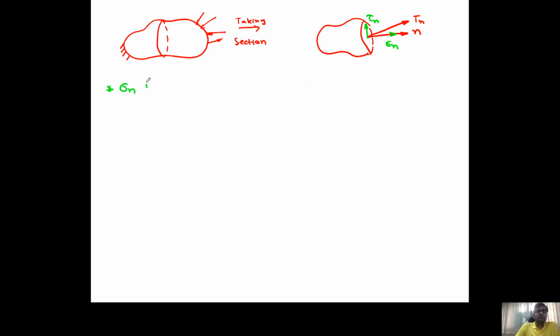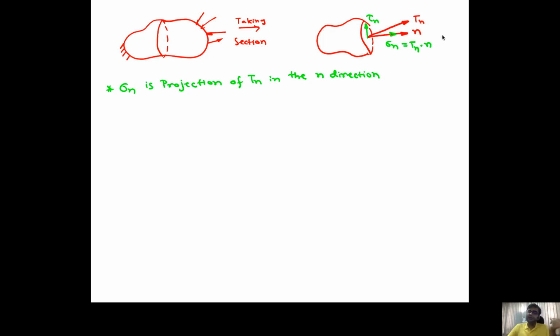Sigma n is the projection of Tn in the n direction. So this is something we know. So sigma n, instead of writing sigma n, we can write Tn dot n, right?